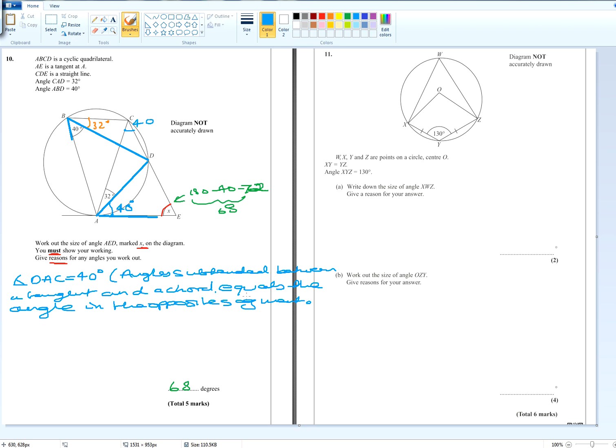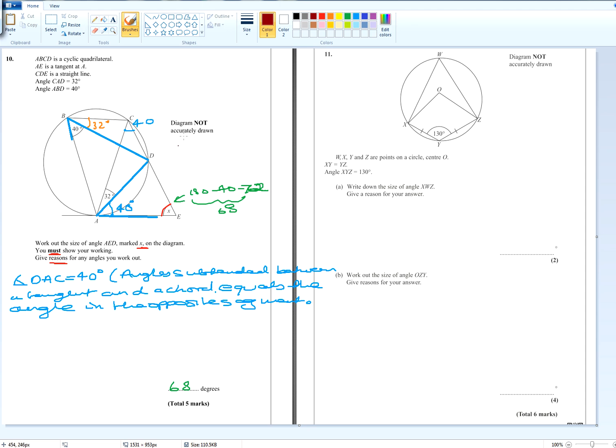Okay, that's the first bit. Opposite segment, sorry. So we explain where the 40 came from. What else did we say? The last line says equals the angle in the opposite segment. Angle subtended between a tangent and a chord equals the angle in the opposite segment.